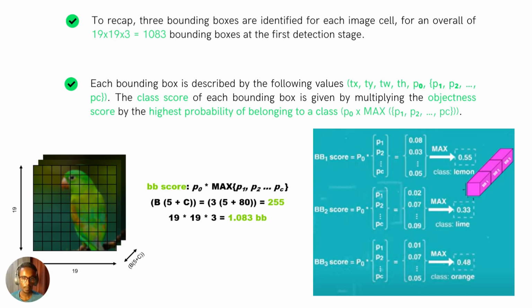Then we're going to take the maximum value from the output, and that's going to be the class score for that bounding box. On the image, we can see that we have 3 bounding boxes, and we have 3 bounding box class scores, and each of them is computed by using the method that I just explained.